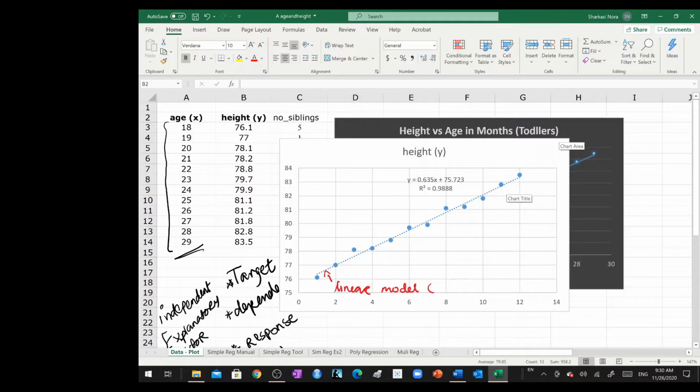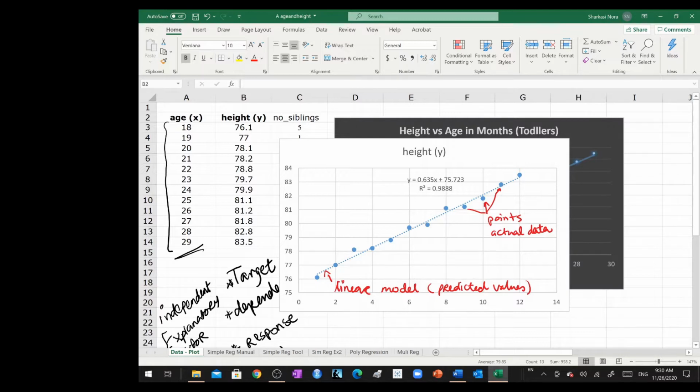And this linear model holds the predicted values. These are the predicted values. While these little points over here are the actual data. So these are the actual data points, and this linear model, this line, constitutes the predicted values.